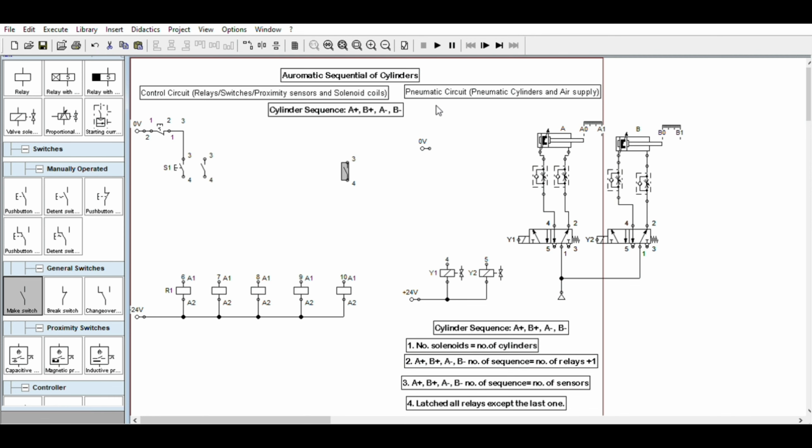But we have a sensor in the last relay also. We will connect this.